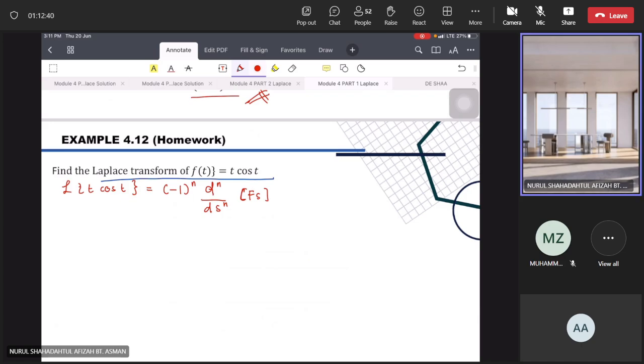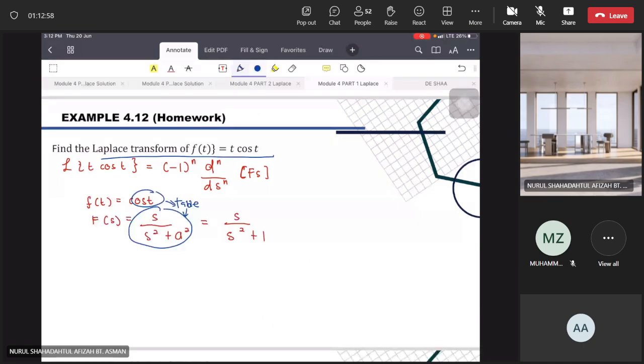This one, how did you get it? It's from the table for cos t. The Laplace of cos at is s over s squared plus a squared.